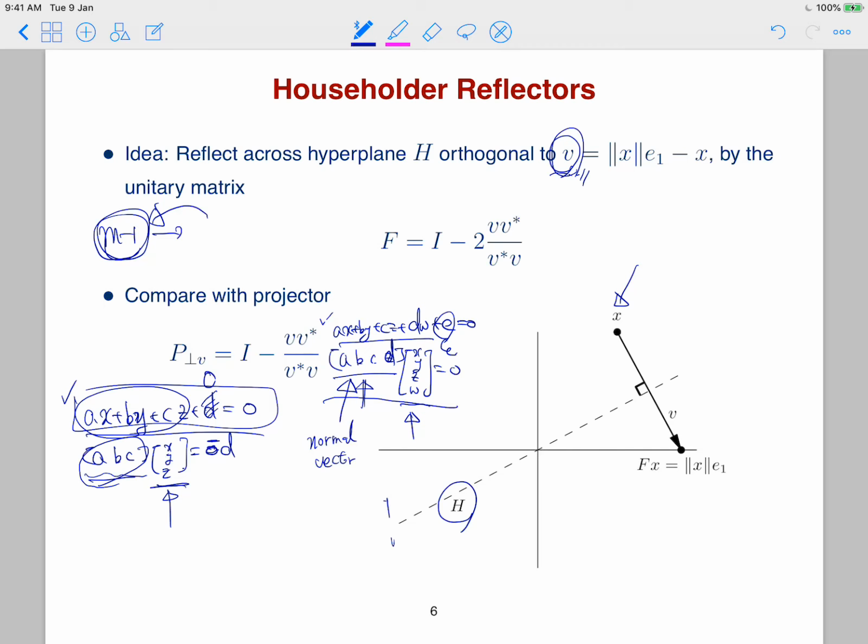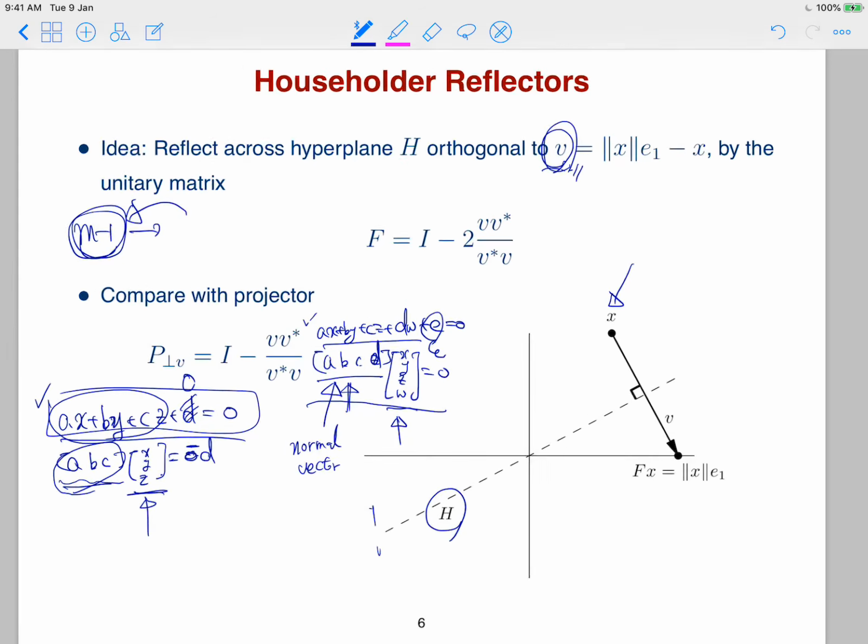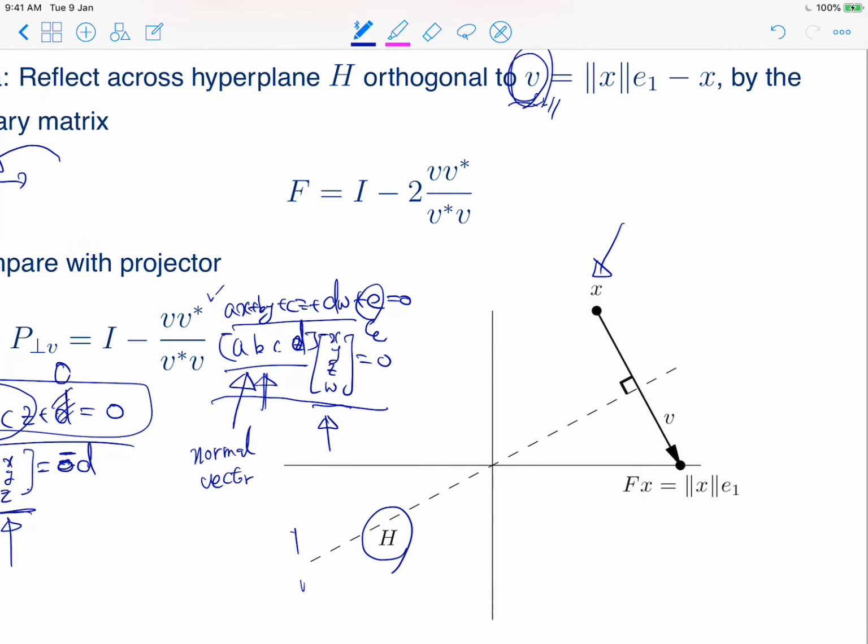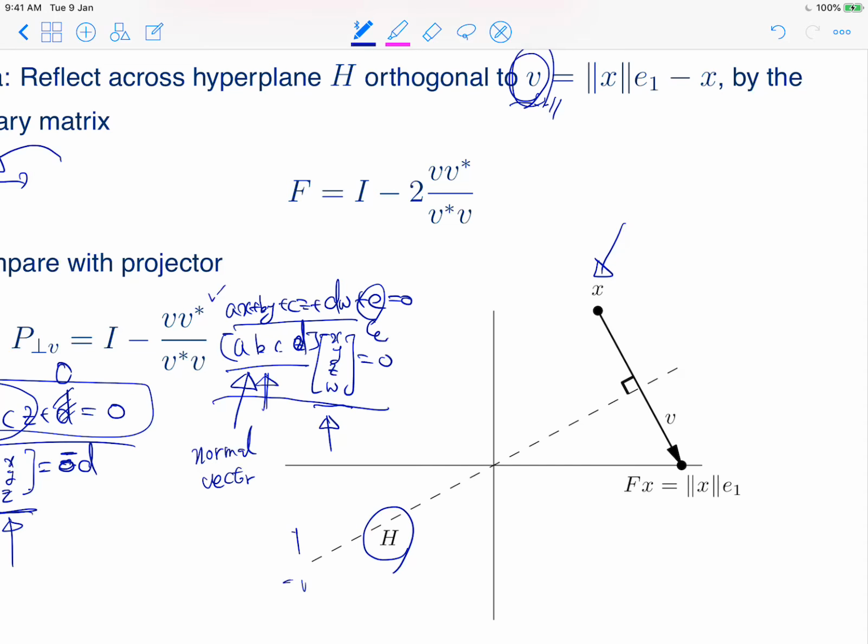Okay, reflection. The reflection is defined as follows. In the two-dimensional space, this is our one-dimensional hyperplane, right? And that normal vector is parallel to this projection line, and suppose x was projected onto this point, right?